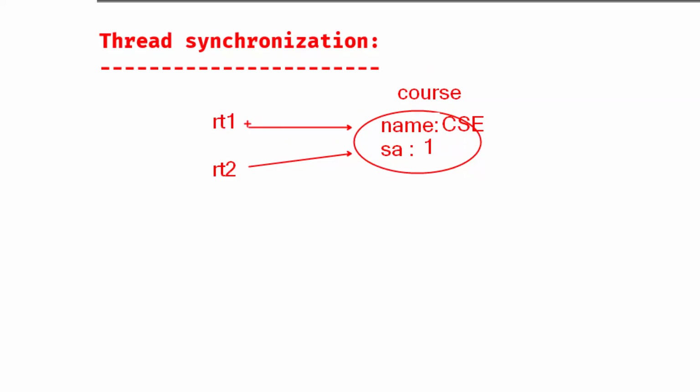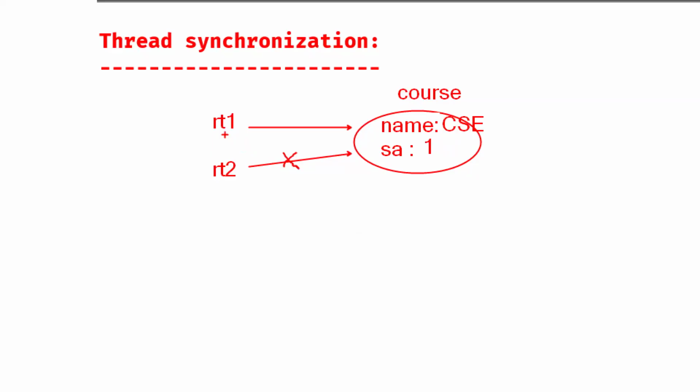If one thread is performing a task, then don't allow the other thread to access it. If this thread is trying to book the seat, then don't allow the second thread to book the seat. Wait.